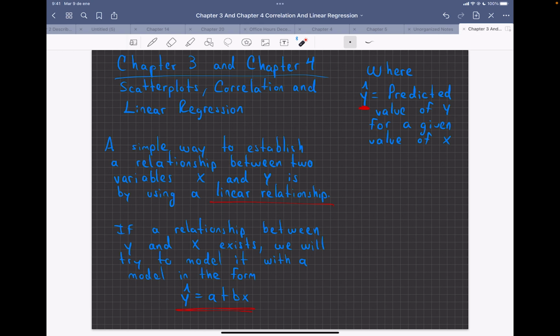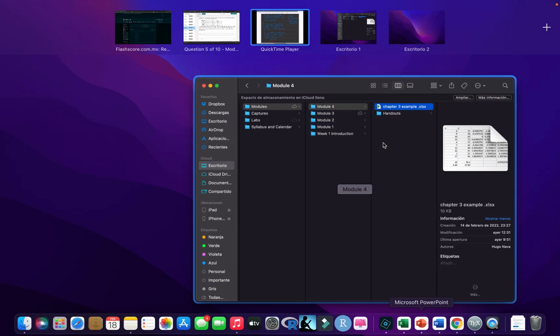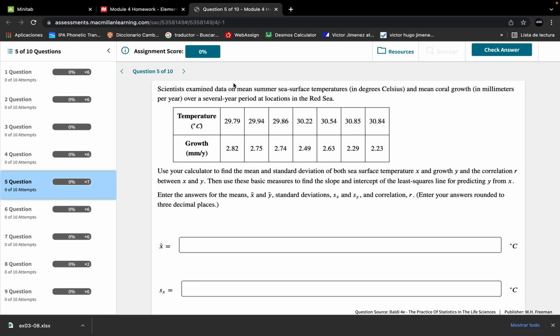The example is going to be based on the exercises from the book, this exercise from homework number 4, I think I did homework number 4 for this module.